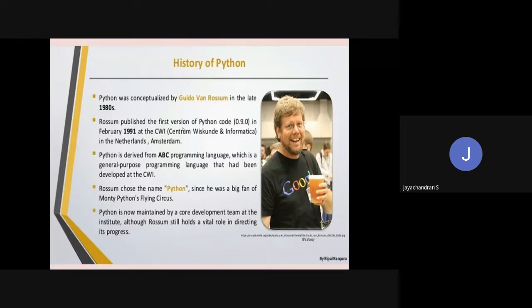He was a big fan of Monty Python's Flying Circus. Later he chose this word, Python. Now Python is maintained by a core development team at the institutes, although Rossum still holds a vital role in directing its progress. So this is the history of Python.